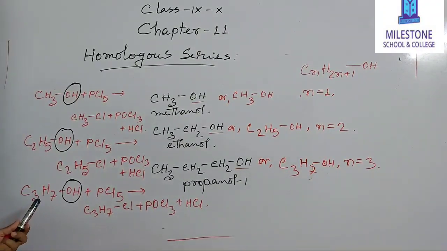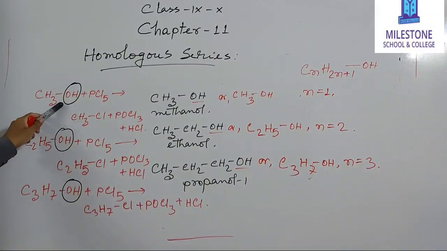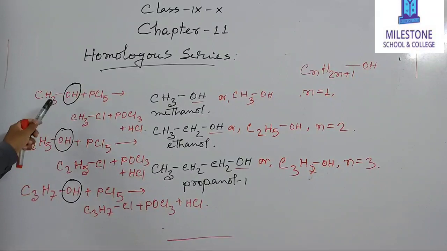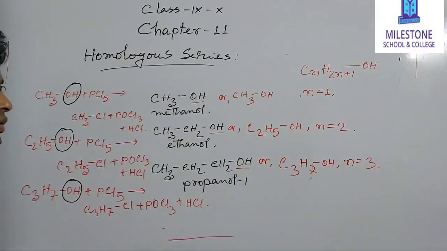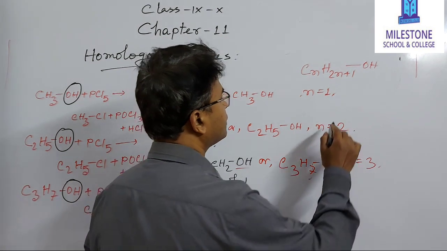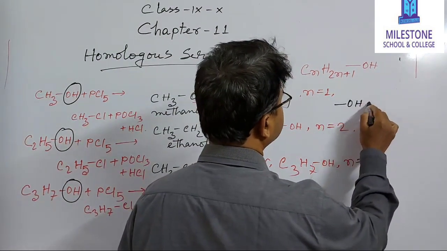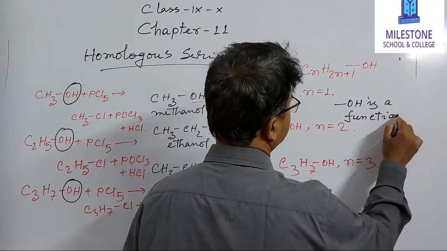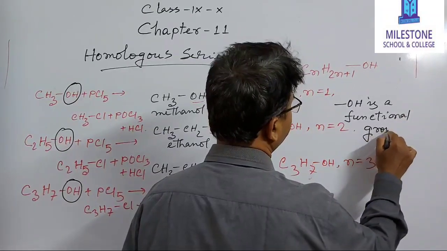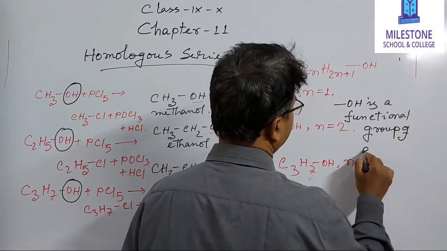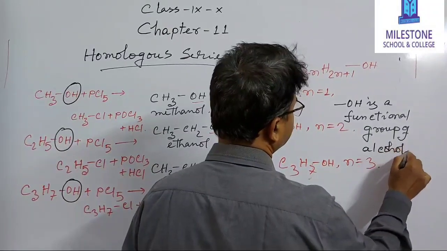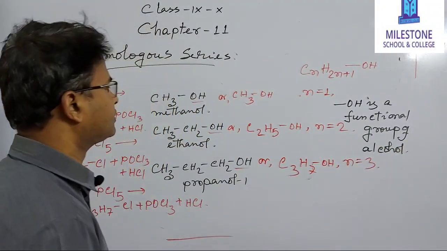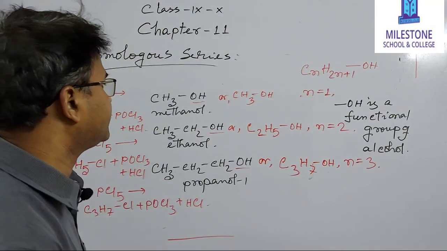However, dear students, I would like to say that only the OH part of those compounds takes part in the chemical reaction. That's why OH is a functional group, the functional group of alcohol. And now the characteristics of a homologous series.